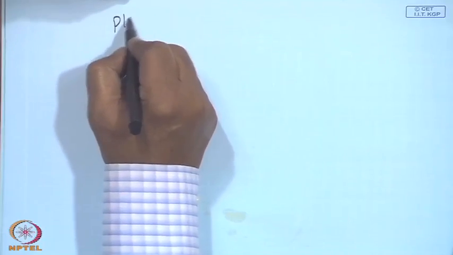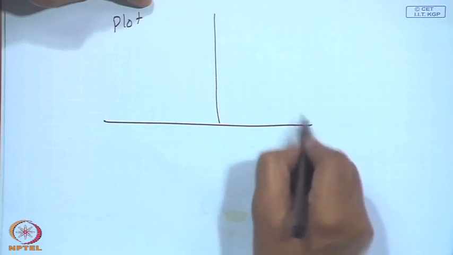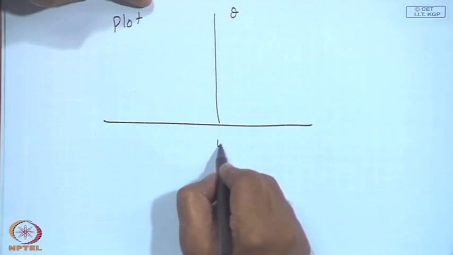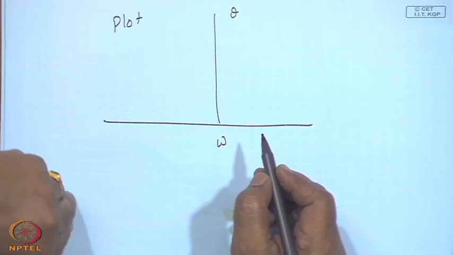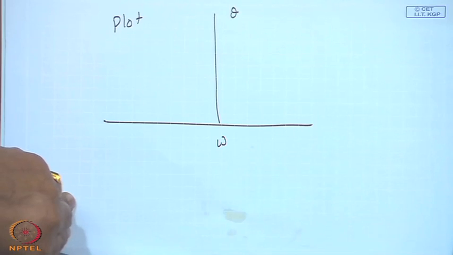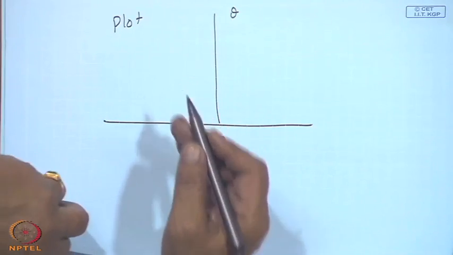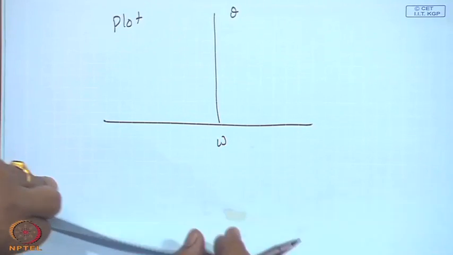So, you can always plot theta versus omega, and if there is a double sunshine or single sunshine, your value should justify the theta variation with respect to omega.